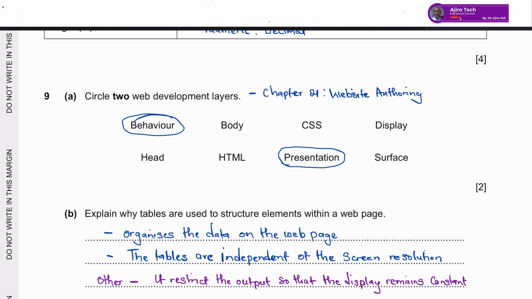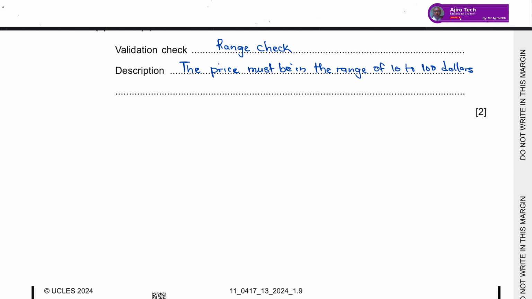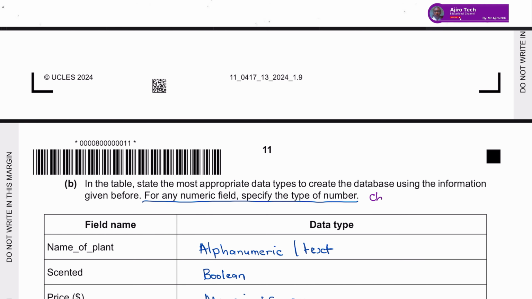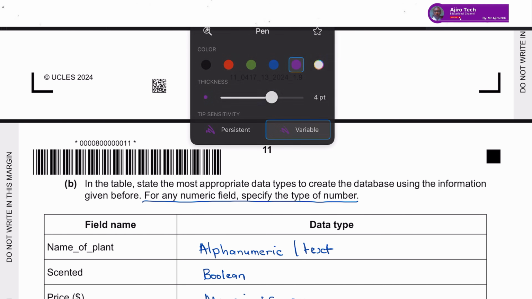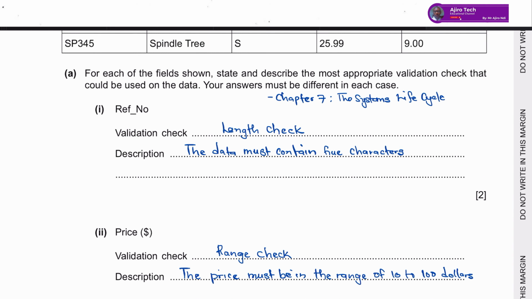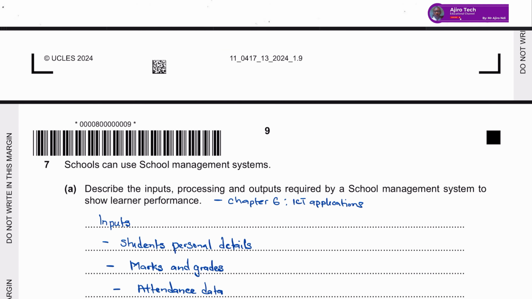We saw this is also chapter 21. This is also chapter 7. This is also chapter 7. Okay, so let's do that. Chapter 7, the system life cycle. Chapter 6, the school management system.